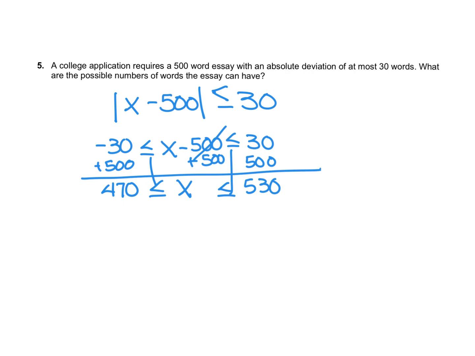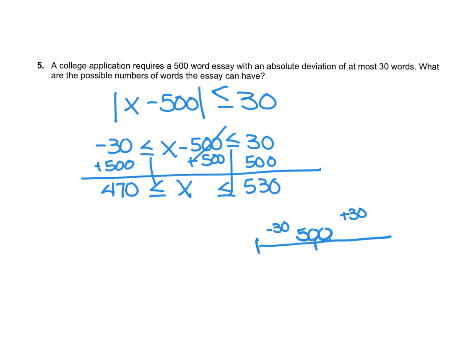So let's take a look at what it means. So you have this 500-word essay that you need to write, and here on your number line, you can have it be 30 words more, 30 words less.